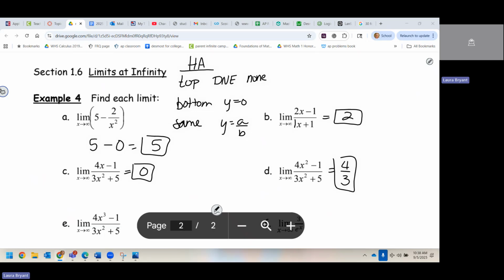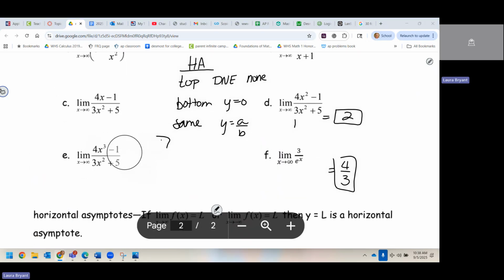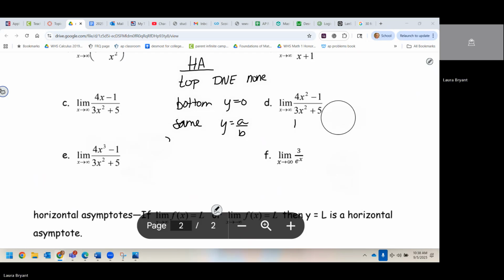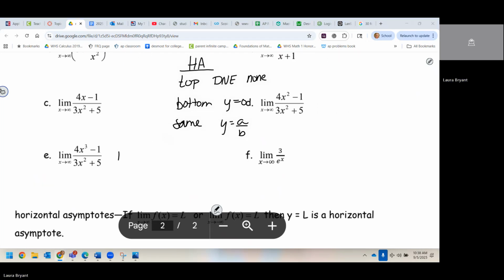Okay, and then letter E, when I get to that one's top heavy. For something top heavy, it does not exist because there isn't an asymptote. And then I don't know if this will go to positive infinity or negative infinity, but I can tell by sign testing, by plugging in just a big number. And again, I don't need to know exact values.